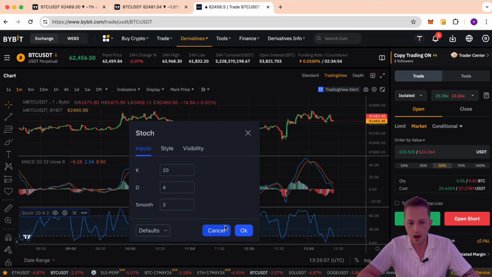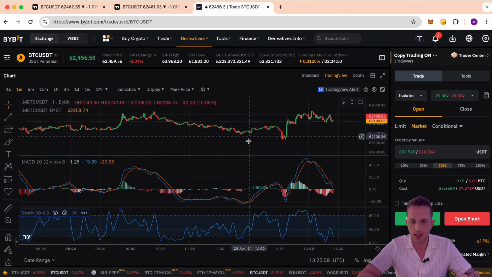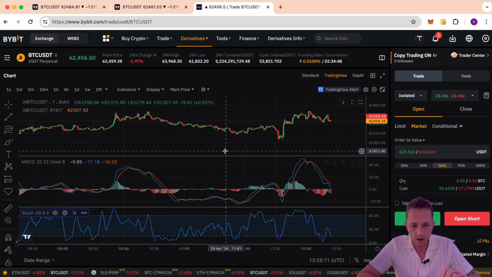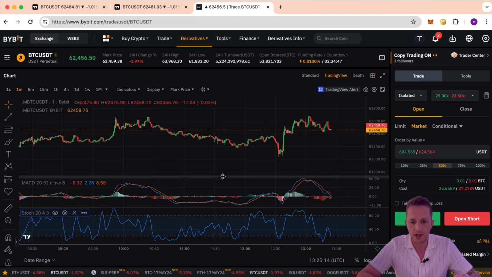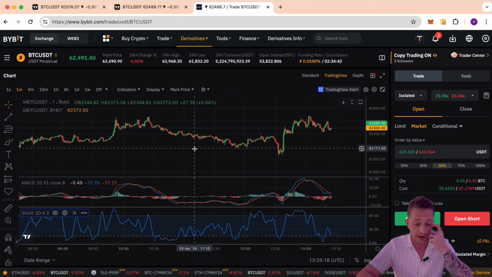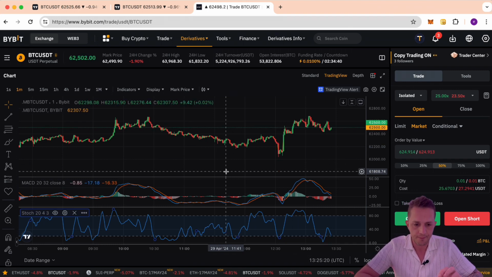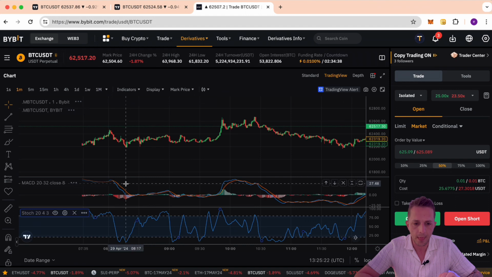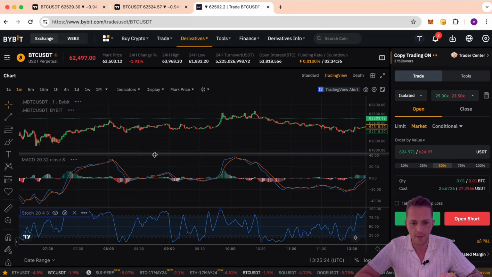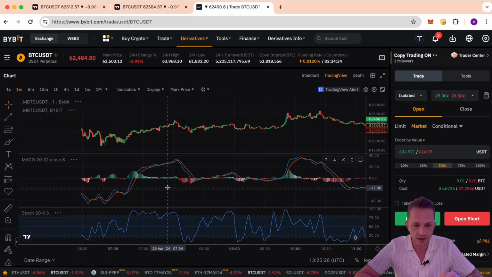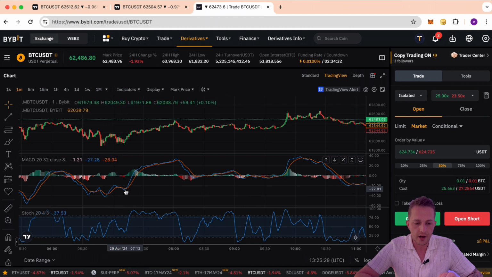Okay, now that we have set our indicators, what is the strategy and how are we going to enter or exit a trade? Let's talk about the MACD first. We enter a trade when we see these two lines crossing each other.